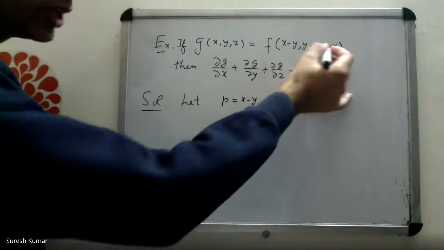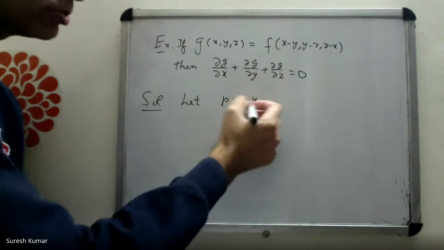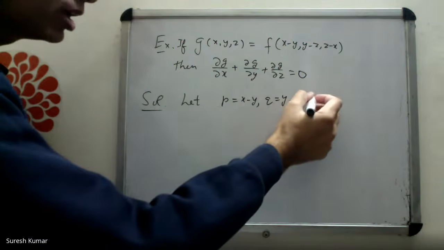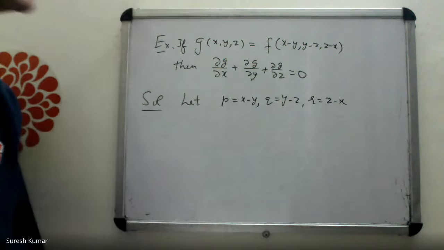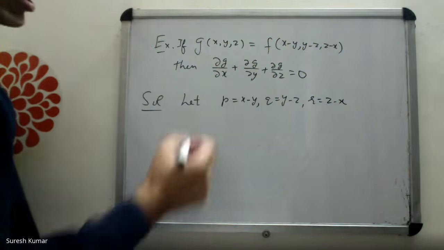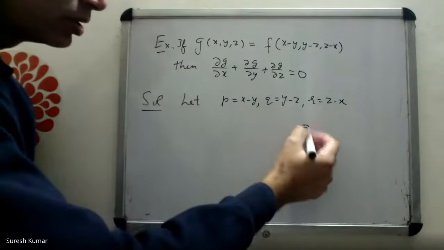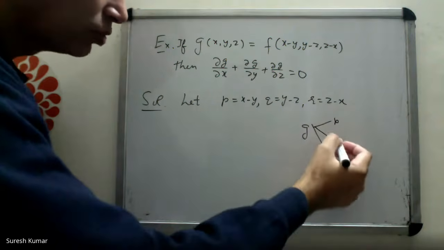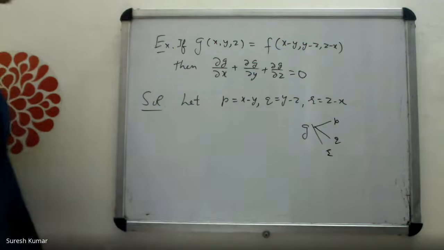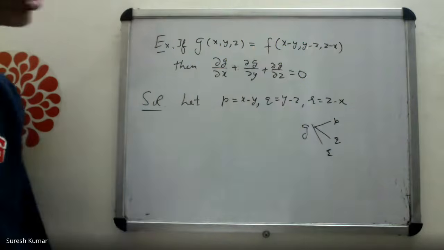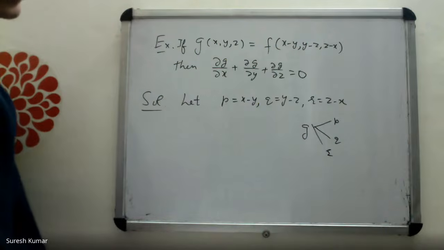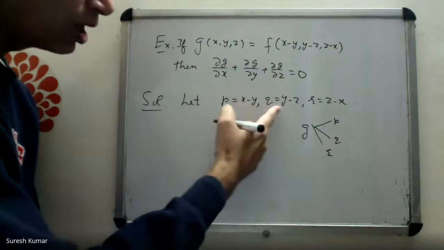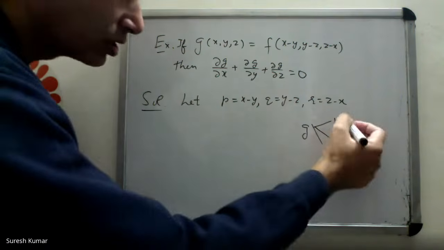I am assuming new variables in place of these arguments. p equal to x minus y, q equal to y minus z, and r equal to z minus x. Correct? Then what happens? g becomes a function of p, q, r, because in these places I have assumed p, q, r. So g becomes a function of p, q, r, and p, q, r are further functions of x, y, z, you can see.